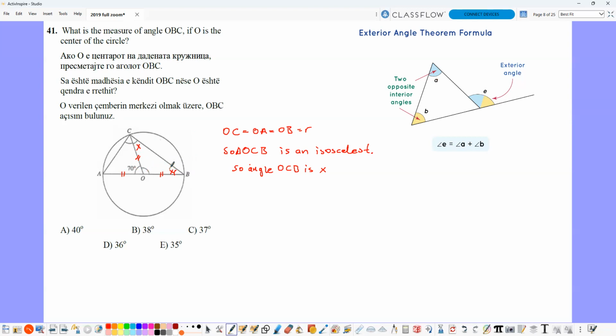If I turn the figure like this, if this is x, this is x, so this is the exterior angle. This is x plus x, which is equal to 2x. So with respect to this given information, x plus x is equal to 70, 2x is equal to 70, and x is equal to 70 over 2, which is x is equal to 35. It has to be E.